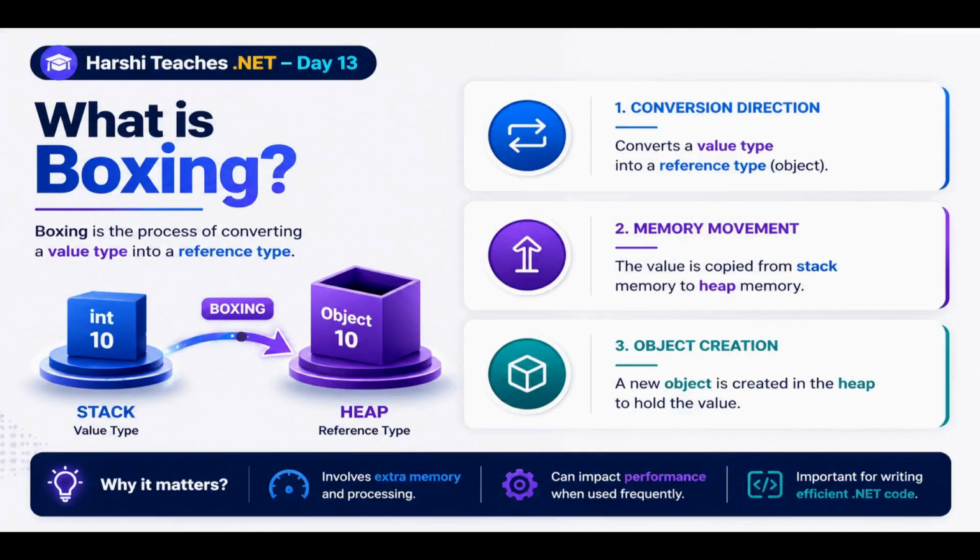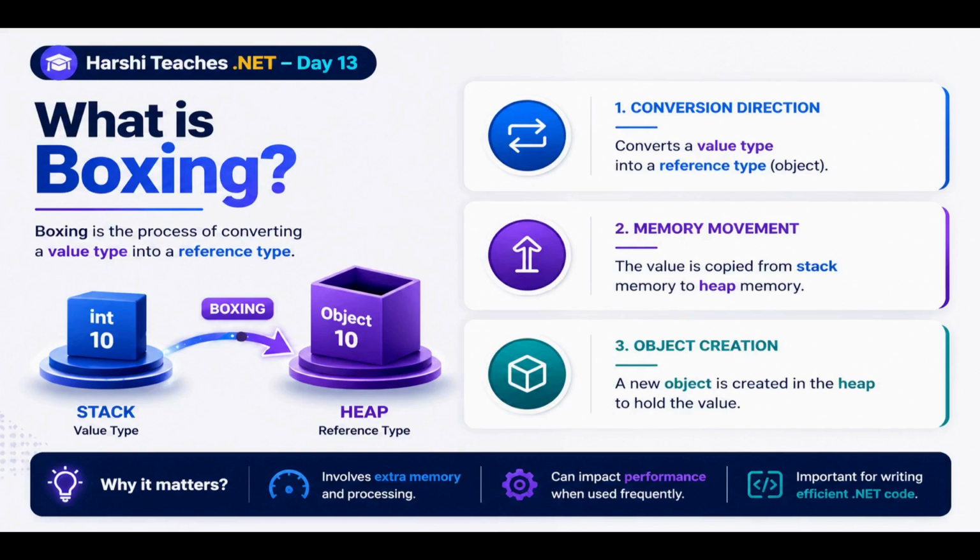Now, let's understand boxing in a simple way. We start with a normal value like an int, which is usually stored in the stack, and that's how value types usually behave. Now, when we assign this value to an object, it can't stay in the stack anymore. So what .NET does is it creates a new copy in the heap and copies that value into it. At this point, the value is no longer just a simple value.